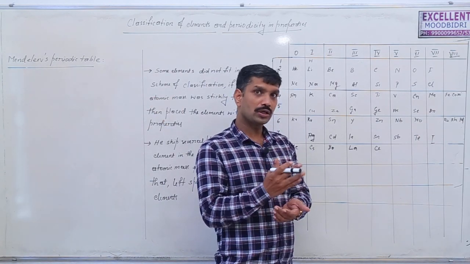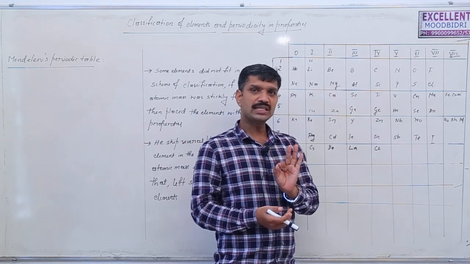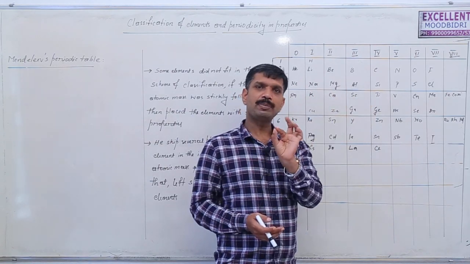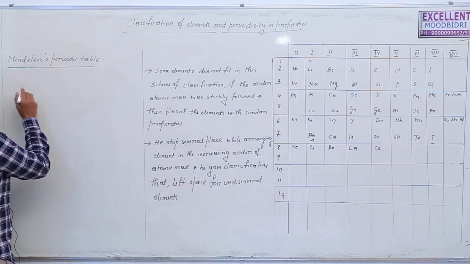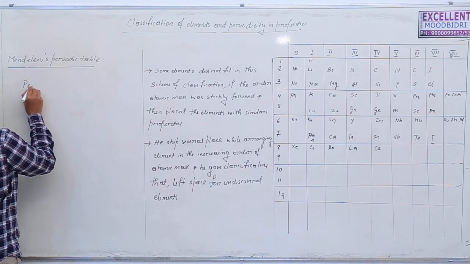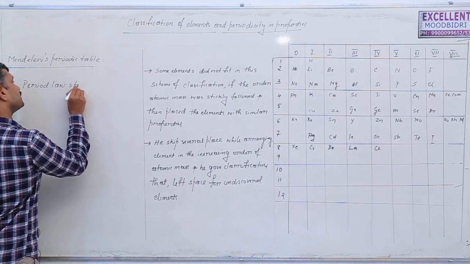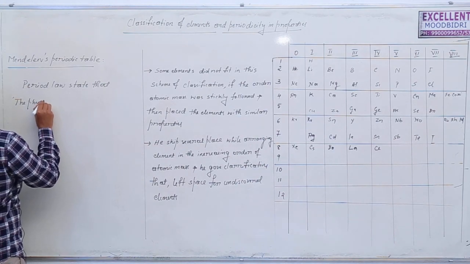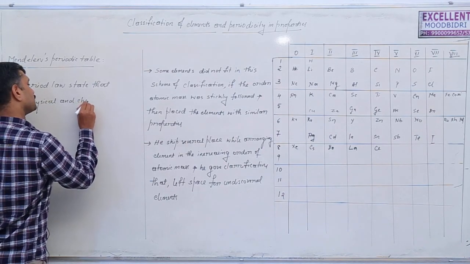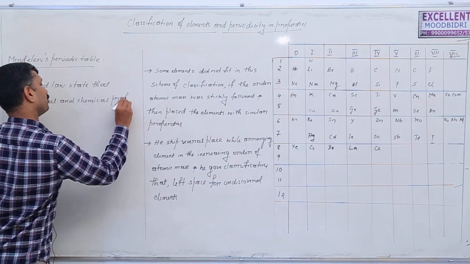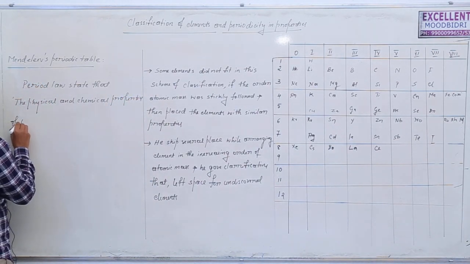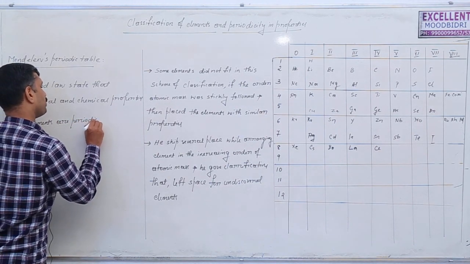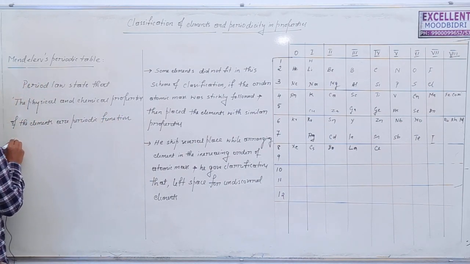The Mendeleev periodic law states that the physical and chemical properties of the elements are a periodic function of the atomic mass. That means the physical and chemical properties of the elements depend upon the atomic mass. So, the statement of the Mendeleev periodic law: the physical and chemical properties of the elements are a periodic function of atomic mass.